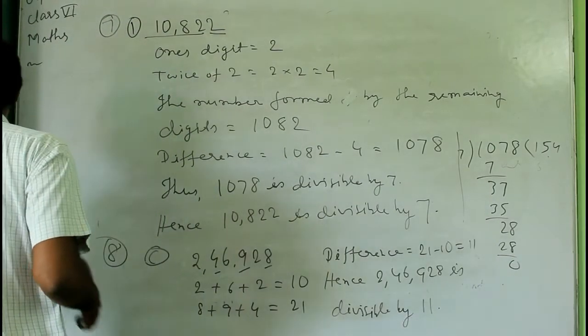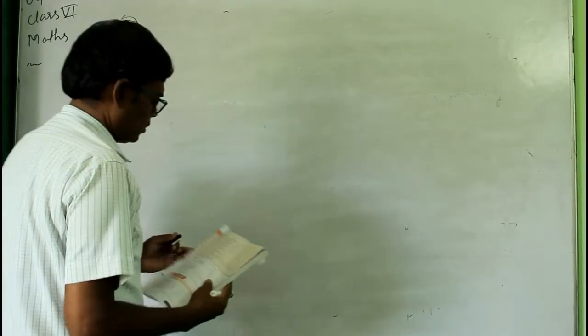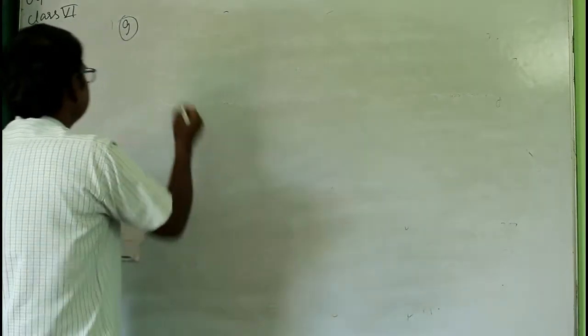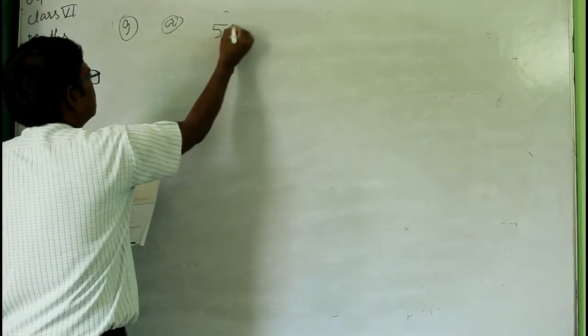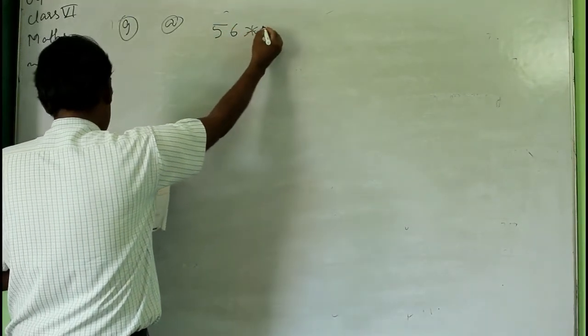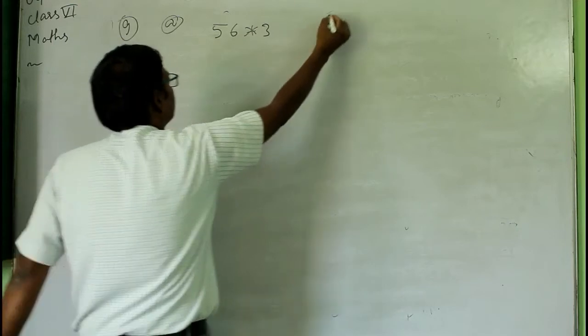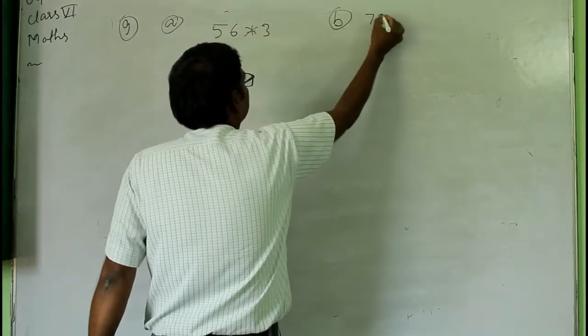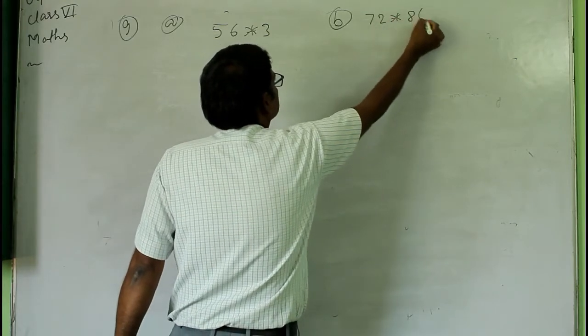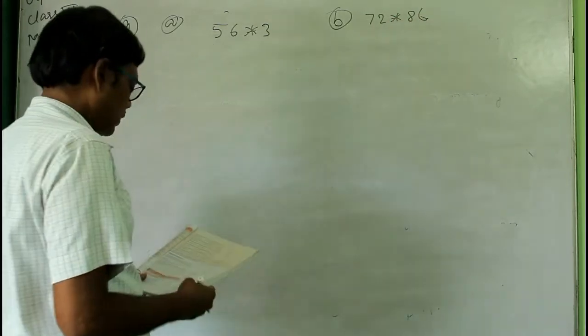So now the question number A: the question is 56 star and then you have 3. And the other question is B, and in this we have 72 star 86. Okay. So these are the two questions I will solve.